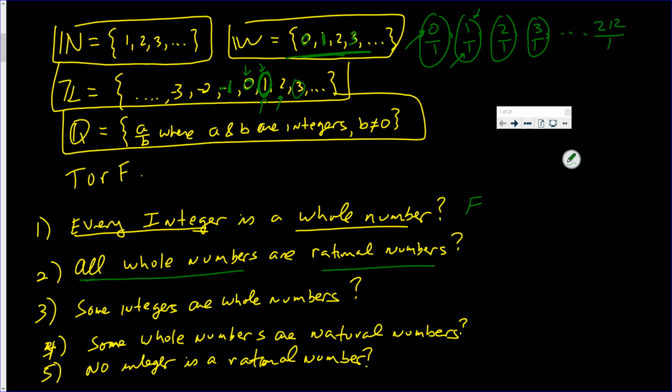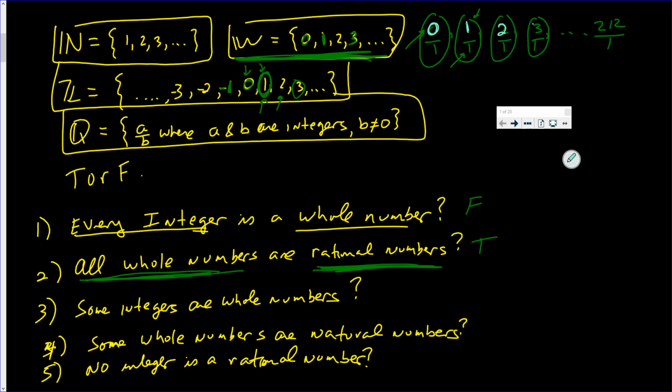So it says, all whole numbers are rational numbers. That's true. Because all I have to do is take every whole number and divide it by 1. And I get a rational number.